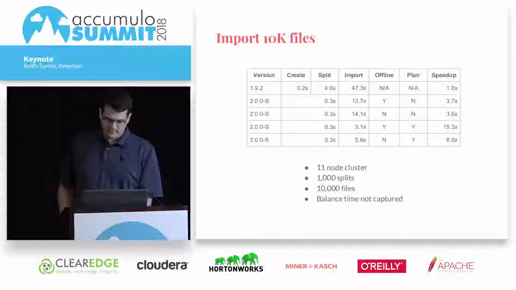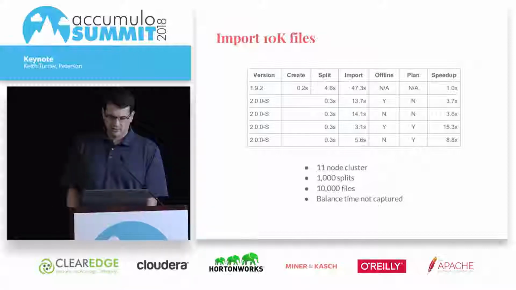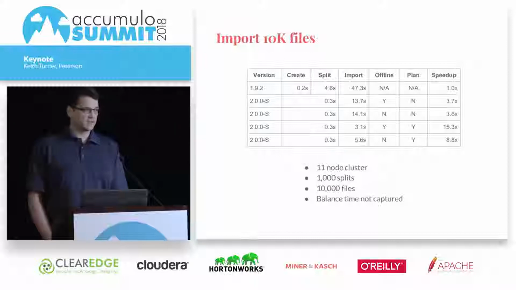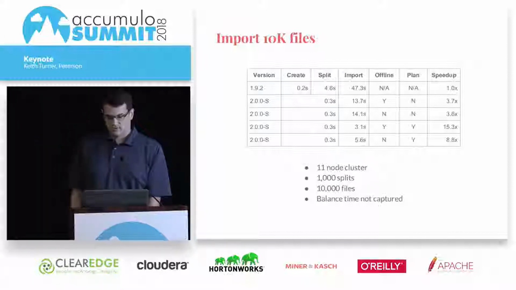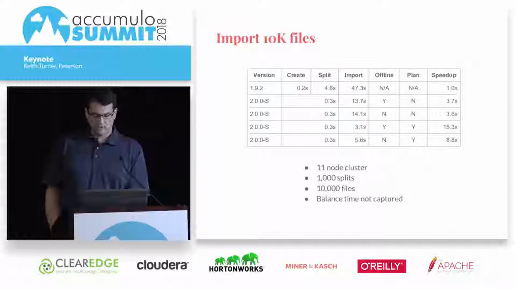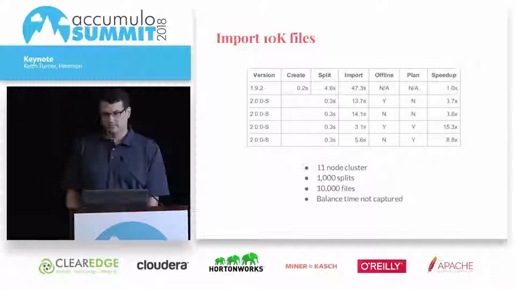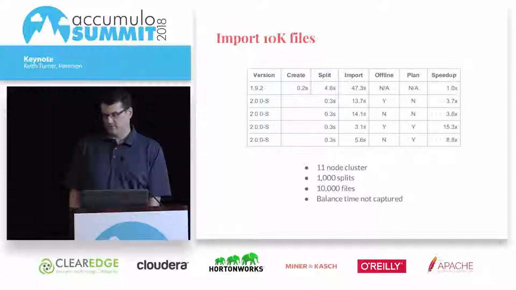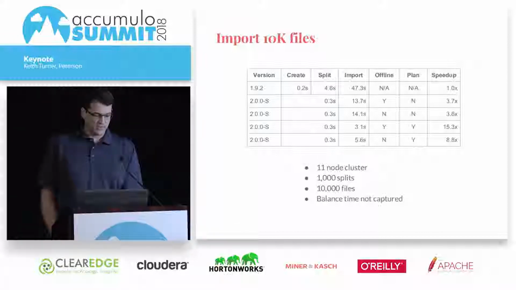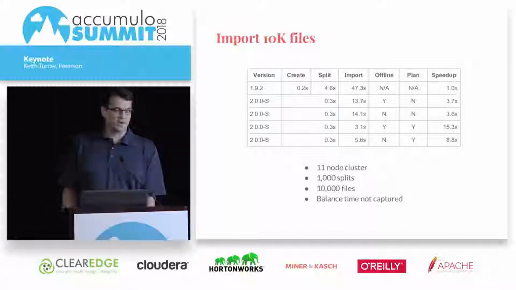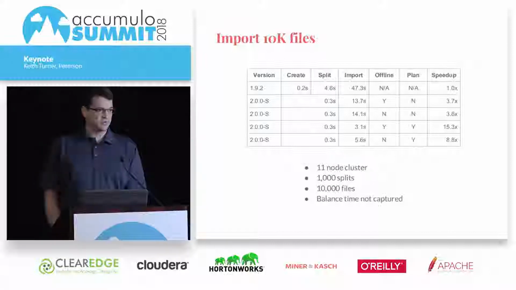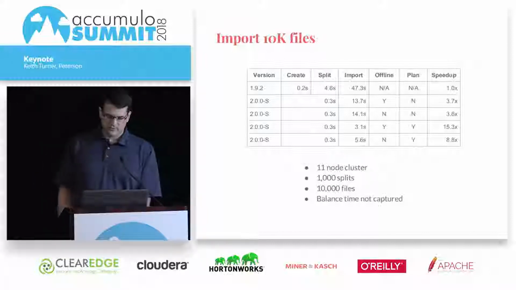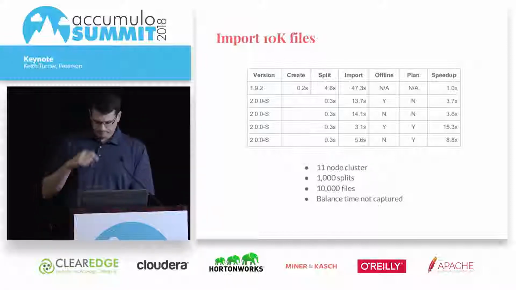So I ran a little experiment timing loading 10,000 files: create a table with 1,000 splits and then load 10,000 files into it. I tried to do this in 1.9.2, and I also tried to do it in Accumulo 2 using different API options.